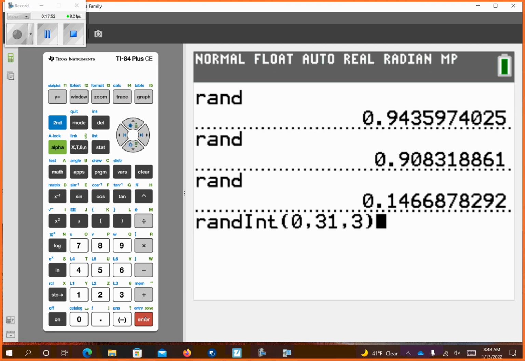But so when this comes up, if the number 31 team was the Steelers, I say, nope. I'm going to hit enter again. Now I'm going to bet on 16, 12, and 23. Oh, good. It's not the Steelers.